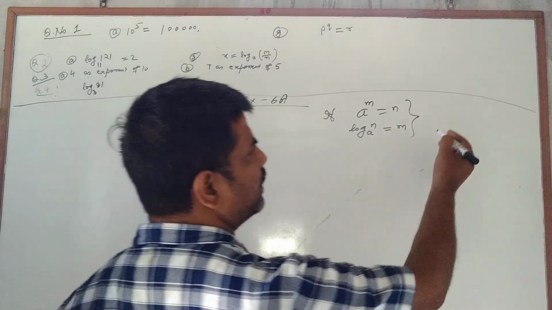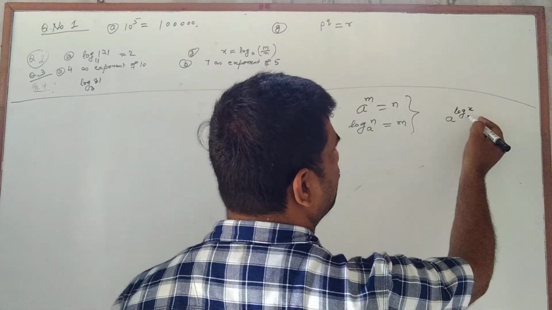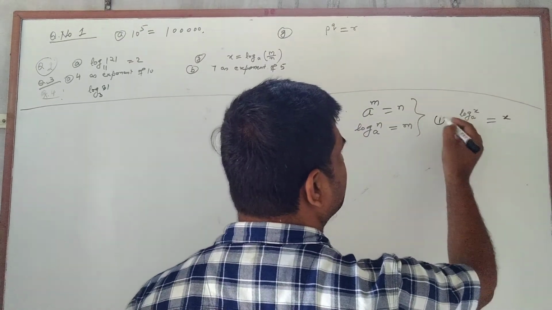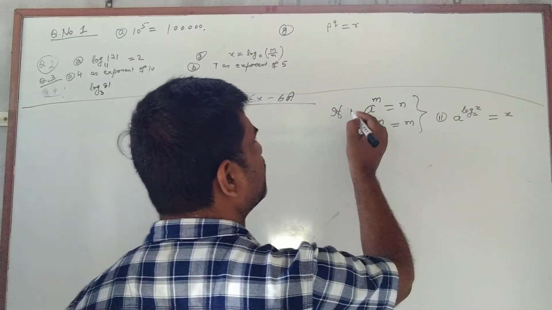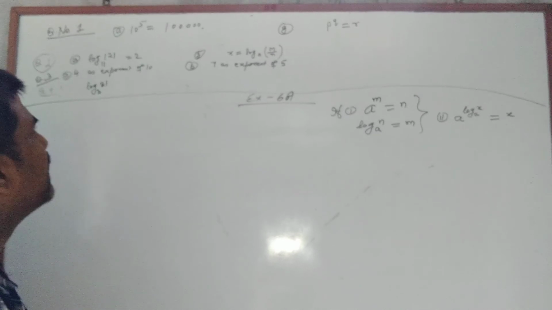And one more log identity is there: a to the power log x base a equals x. This also should be kept in mind. These two concepts we shall study together, and we shall see questions based on them.